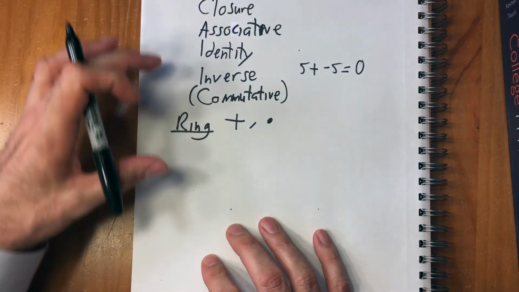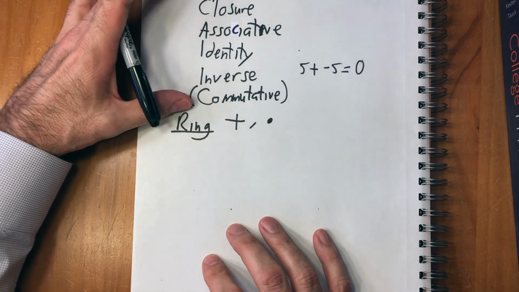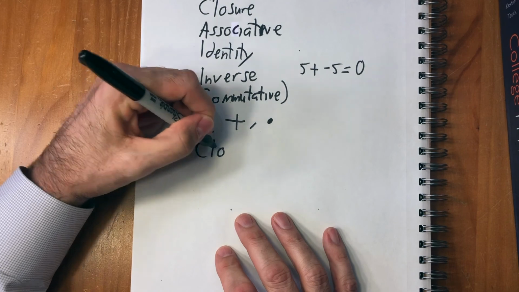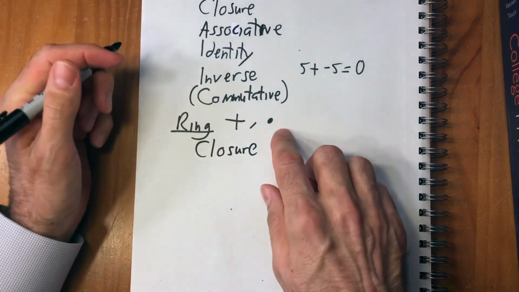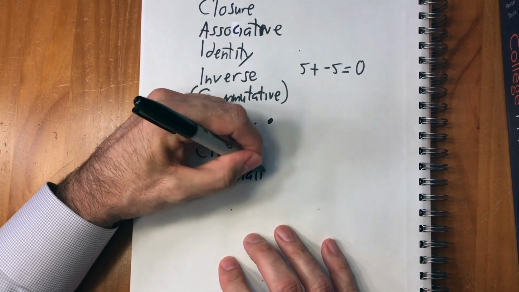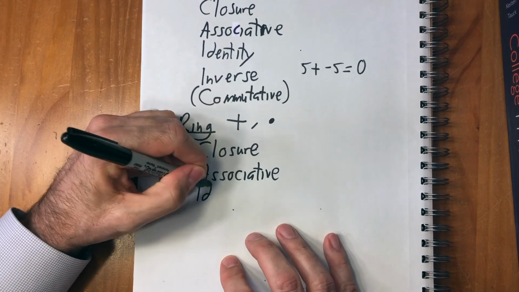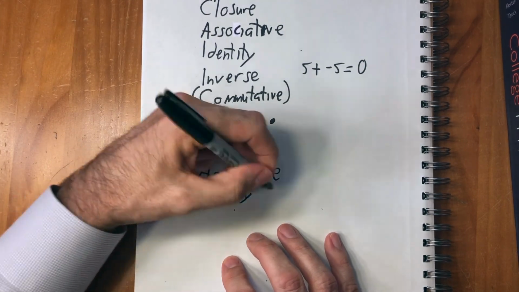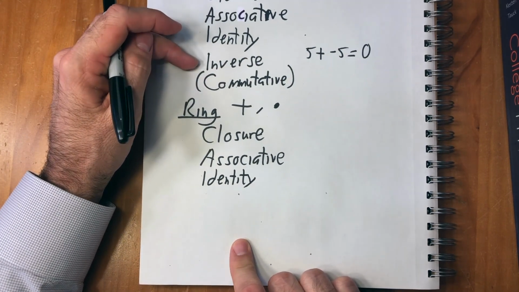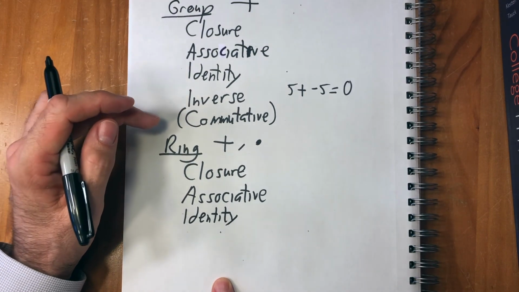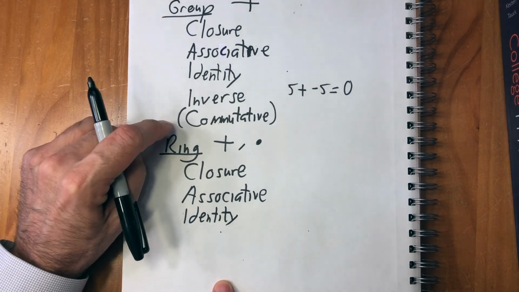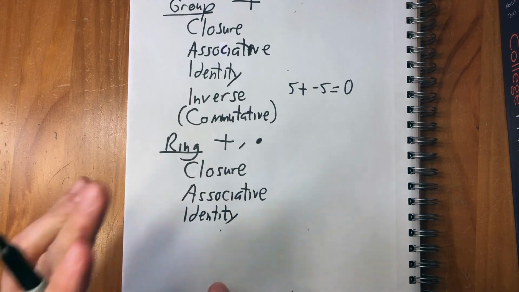So a ring is a set that has a group structure, and in addition to that, it has a second operation, which again, of course, is closed under multiplication as well, and multiplication is associative, and it has an identity element. But a ring does not have to have an inverse for every element, and multiplication does not have to be commutative, although the addition does have to be commutative.